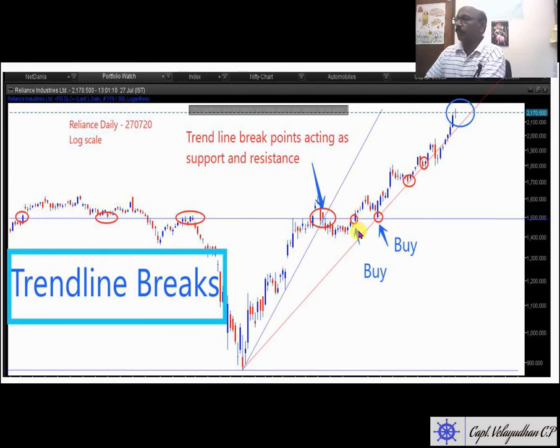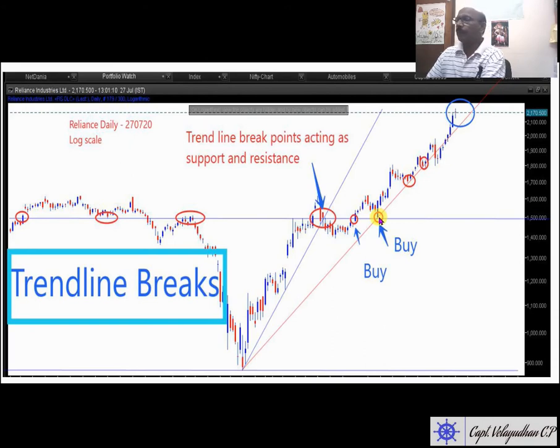Once it zoomed past the resistance, that chart is showing the strength of the particular stock, and moved up a few candles, then came down and took support exactly on the trend line breakpoint. So this is why we should know the trend line breakpoints. Exact point, either it will act as resistance or it will act as support.